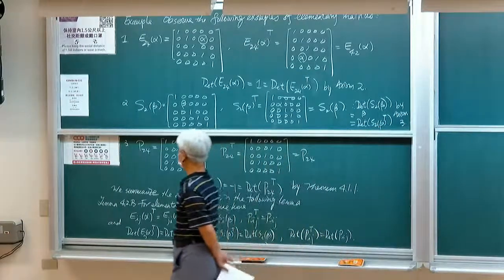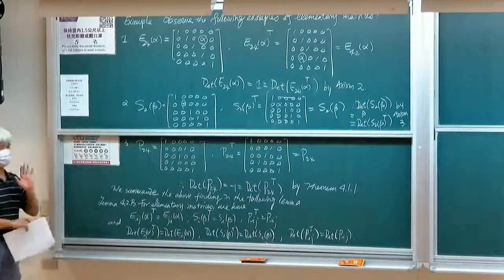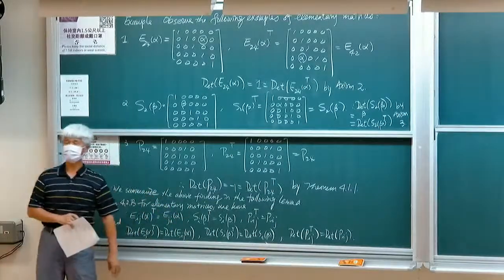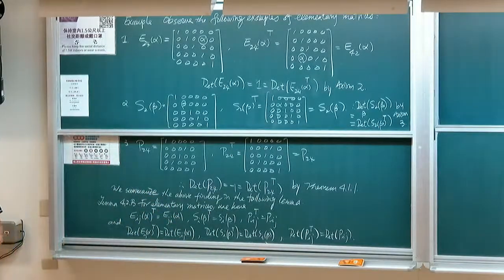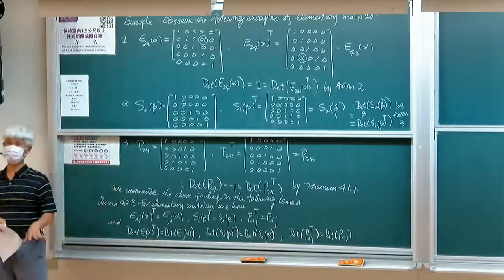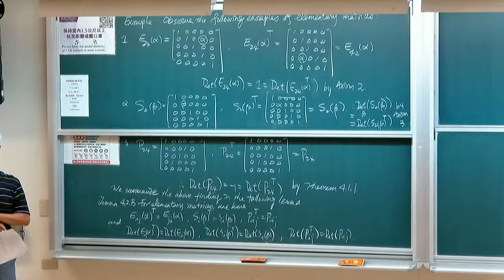All right, so the lemma tells us that when you take the transpose of elementary matrices, you will not change their determinant values.